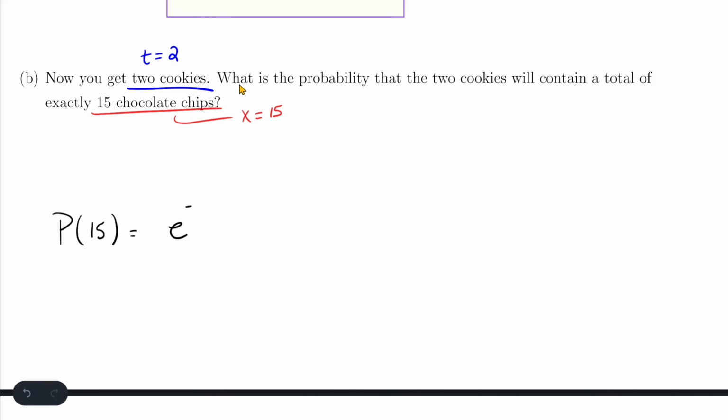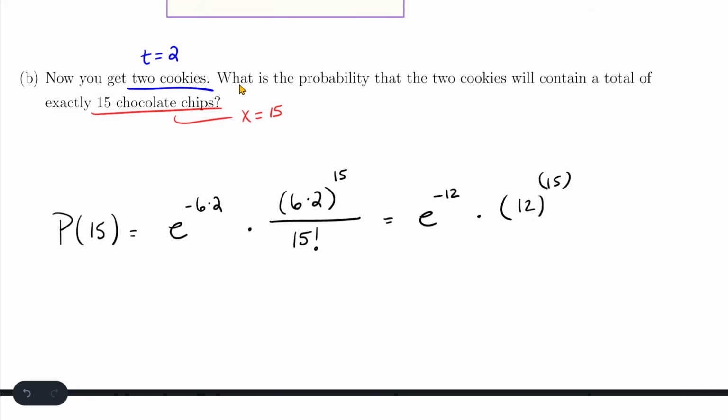It's e to the negative lambda times t times lambda times t to the x value in question, which in our case is 15, divided by 15 factorial. Now I'm going to simplify this before I type it into my calculator. Negative 6 times 2 is e to the negative 12th, times 6 times 2 is 12 to the 15, leave that in parentheses, divided by 15 factorial.